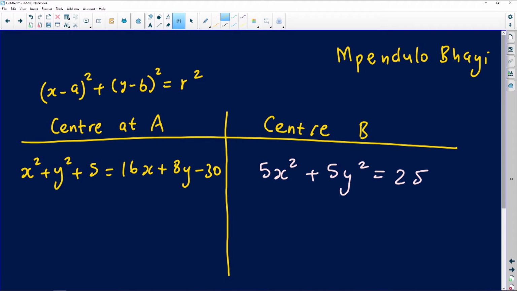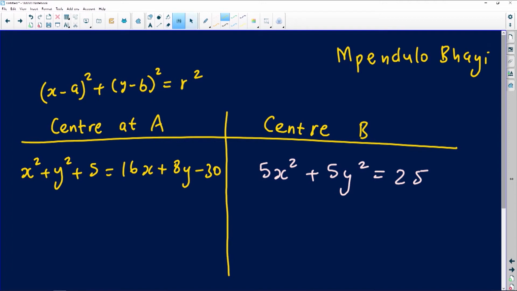So I'm going to have the first circle and the second one, and I want to figure out, does the distance between their centers equal the distance that you get when you sum up the radii, right? Okay, so the first thing I'm going to do, I'm going to try and convert the circle with the center A to the standard format, and then work it from there.